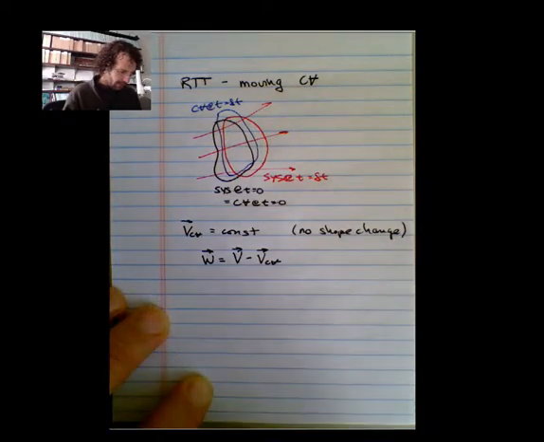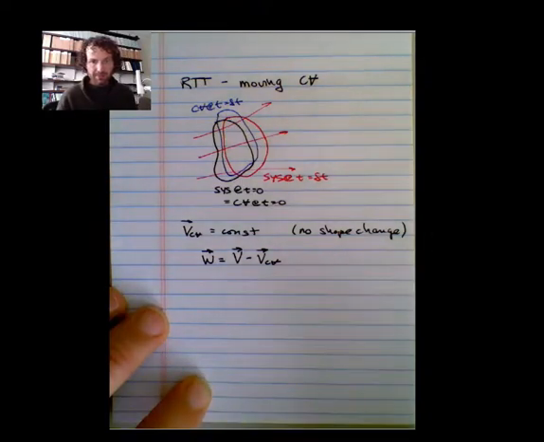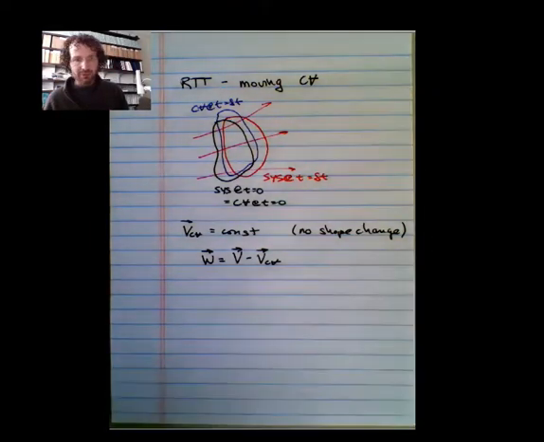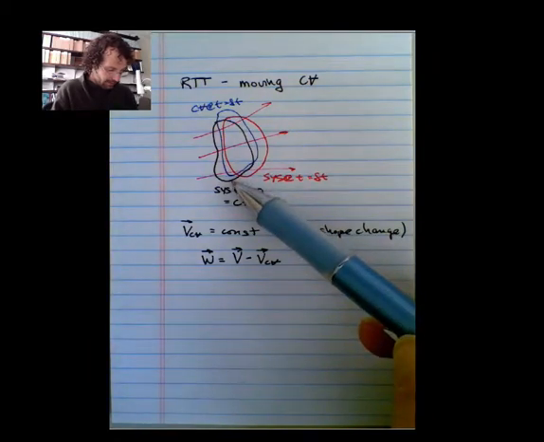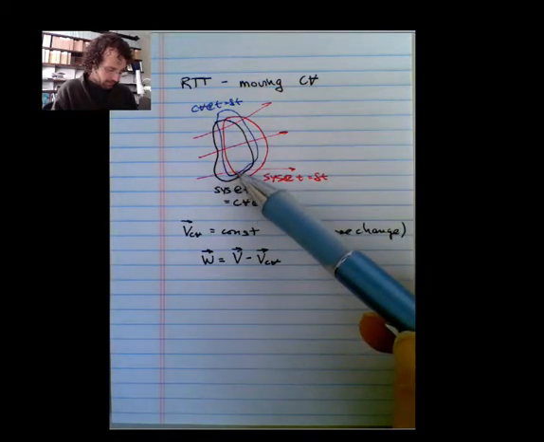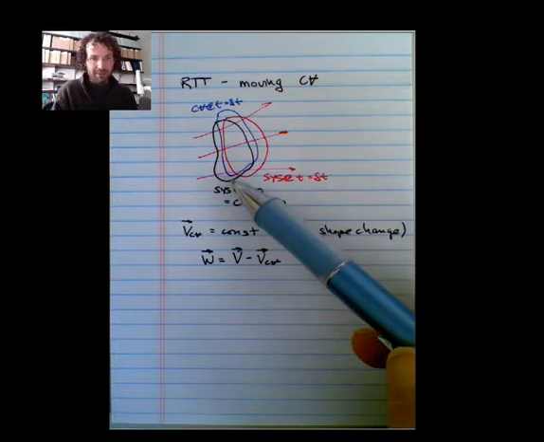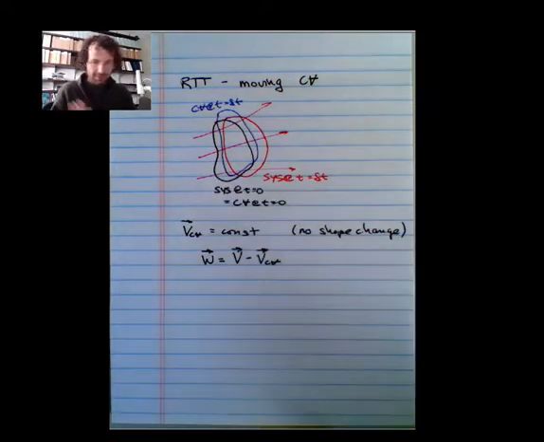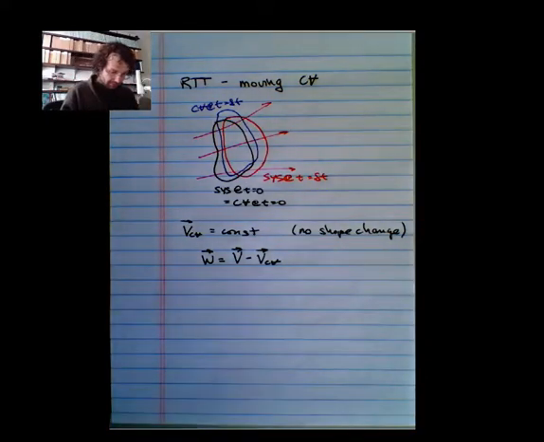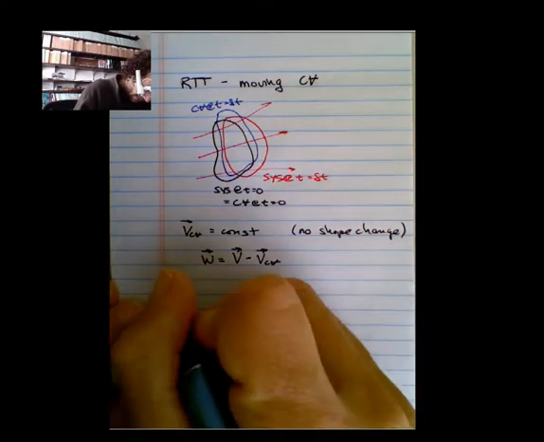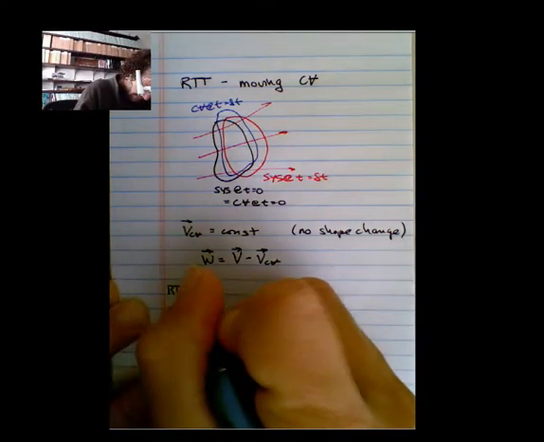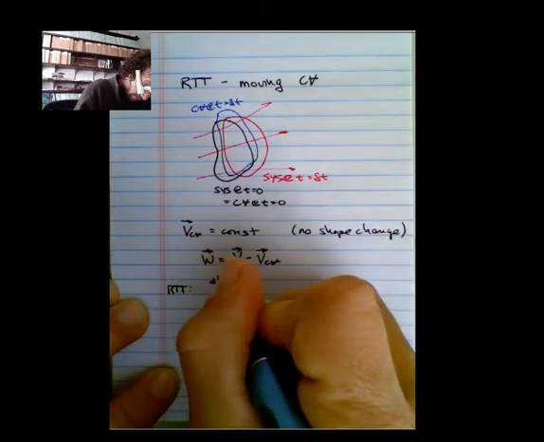And if we're in a frame moving with the object and we do that same Reynolds transport theorem analysis here, the black and the blue would stay under the black up here. The control volume would stay in place because we're just tracking it. The velocities would just be this, and we would come up with a Reynolds transport theorem as before with one minor change.